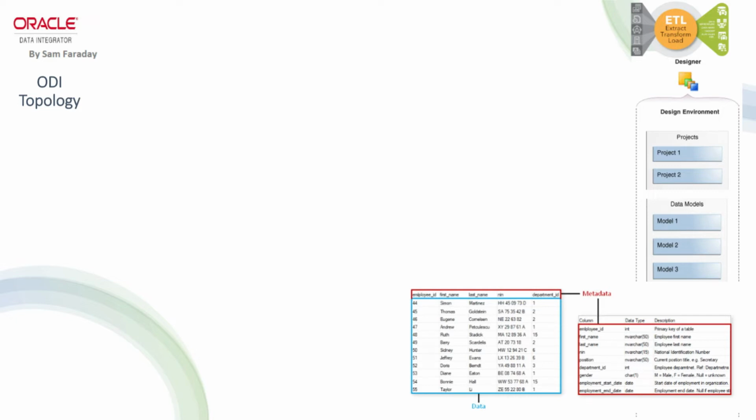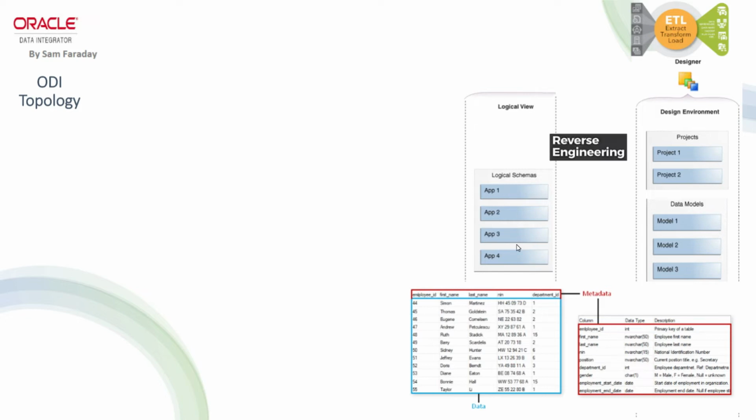Metadata is what? Metadata is data about data. That's what metadata is. And to do that, the next step ODI is going to do is work with logical views, logical schemas. In the logical schemas, we're going to do some reverse engineering to get the metadata.